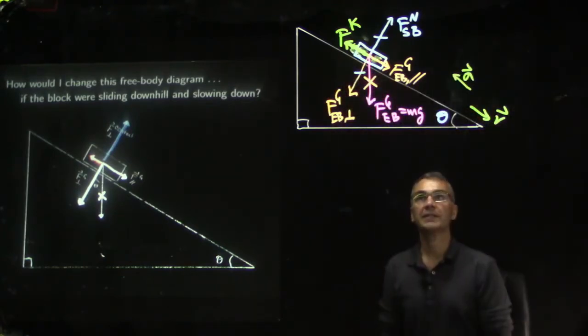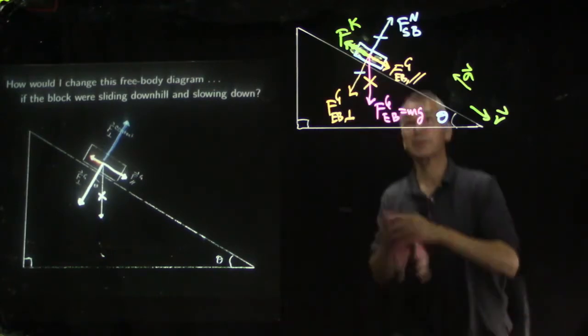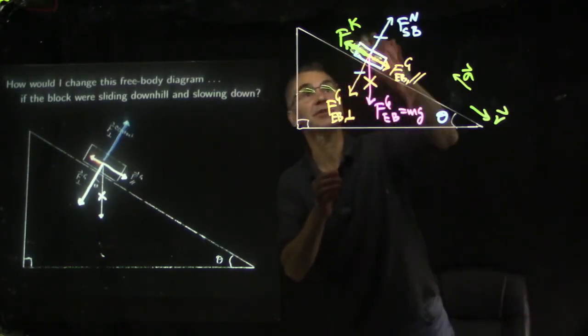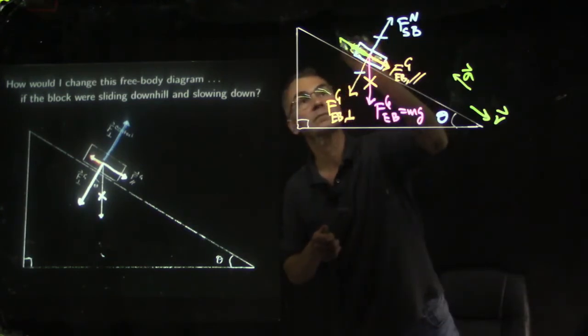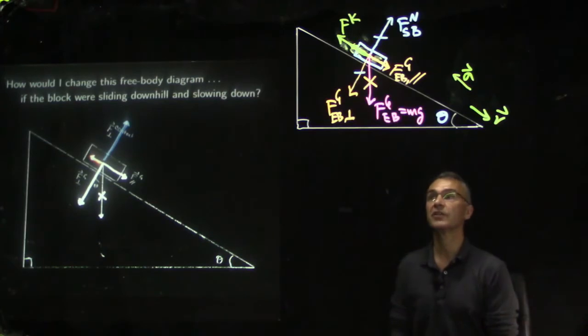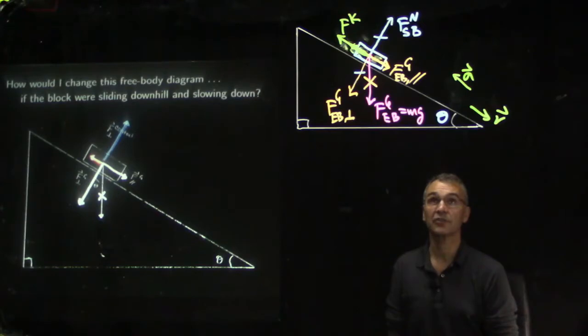In fact, maybe I should exaggerate that even a little more. So now I think it's convincing that it is sliding downhill and slowing down, because the velocity is downhill, kinetic friction is uphill, and the acceleration is uphill.